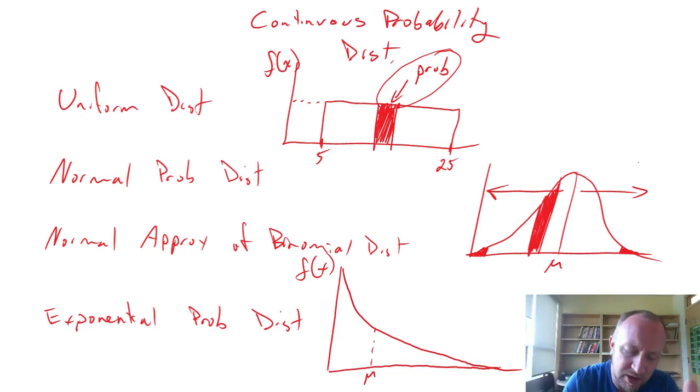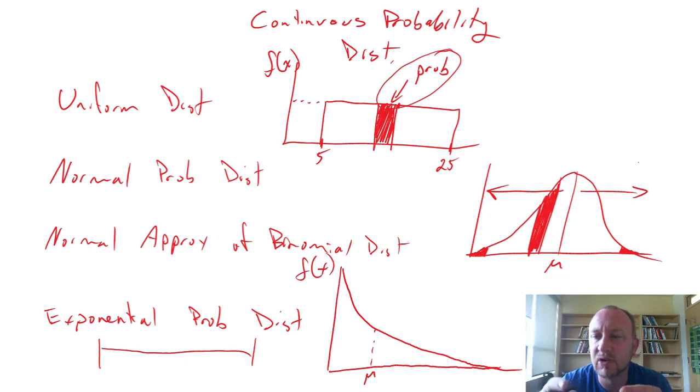Remember, the Poisson probability distribution was used to estimate the number of discrete events occurring within some interval. So we had a time interval or a distance interval or something like this. And the Poisson distribution was used to estimate the probability of a number of discrete events occurring within that interval.